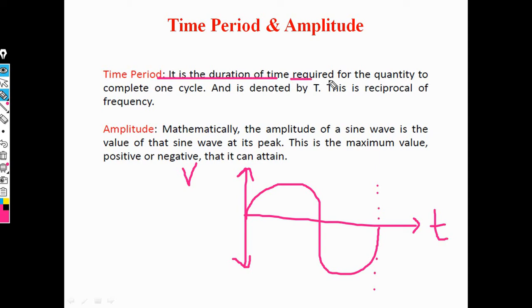The time required to complete one positive and one negative cycle is called the time period.